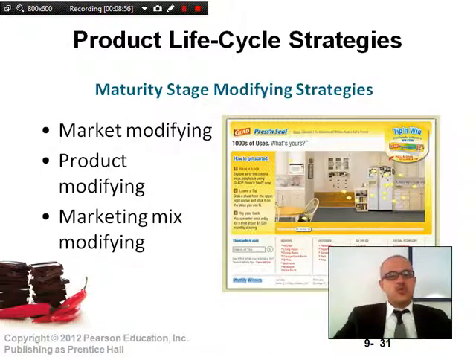And then in the maturity stage, there is market modification, product modification, and marketing mix modification. Many times in maturity, you don't want to decline fast. So sometimes you will do a market modification or a product or a marketing modification. Remember when iPhone 4 was the stable new product for iPhone. There was very high penetration and they decided to add features to compete.